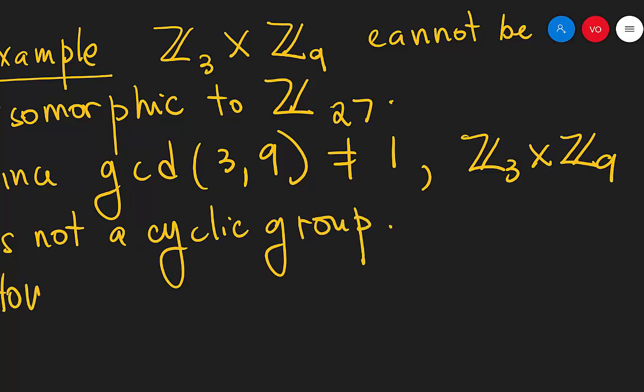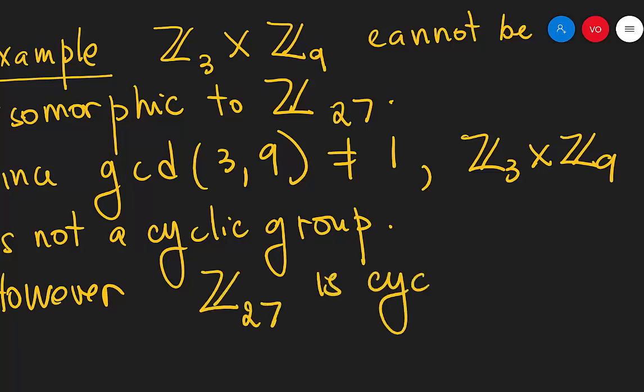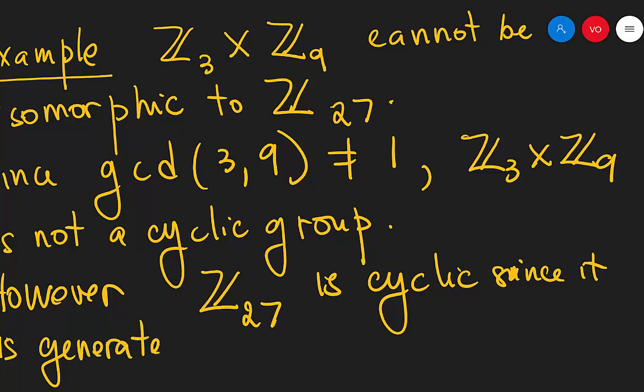However, Z sub 27 is cyclic since it is generated by 1.